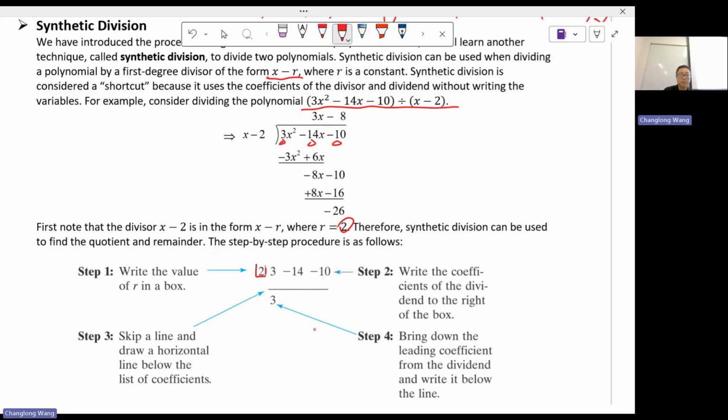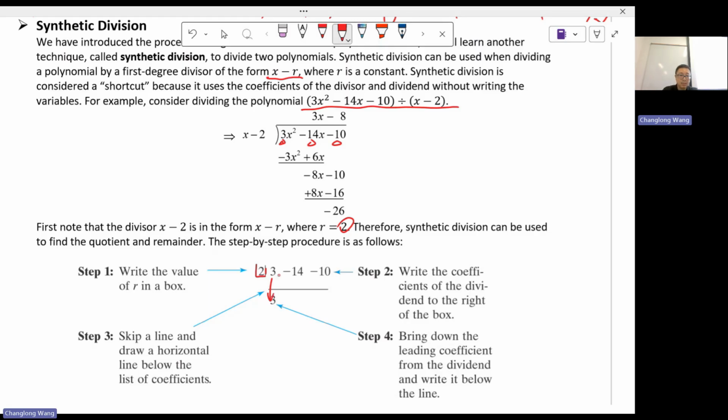You keep using it. Then you leave some space underneath the first row, draw a line. Then you start the synthetic division by just bringing down the first coefficient.